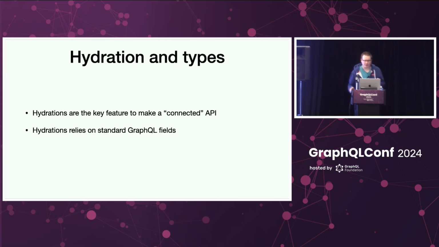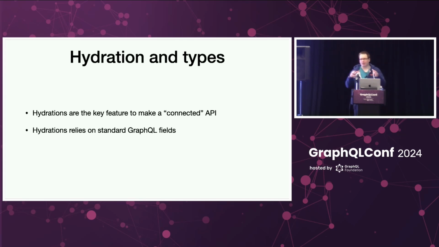The hydration relies on standard GraphQL fields. That's the point Michael also brought up in the keynote. We didn't have any other capability to support anything outside of GraphQL. The only requirement we could tell other teams in Atlassian was: to onboard, you need to have a GraphQL API. We could not ask for anything more.